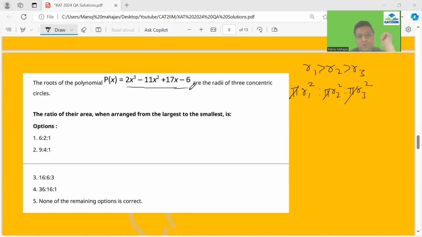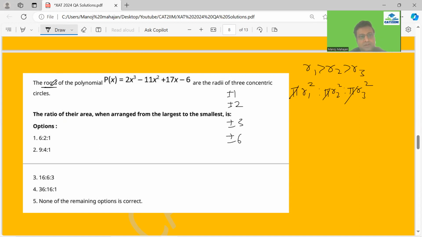Instead, we look at the constant number and try to see the factors of it. So maybe plus minus 1, plus minus 2, plus minus 3, plus minus 6. This is what we can try with, right? If you do a bit of hit and trial, one of the factors you can figure out here is 2. So that's a root basically.